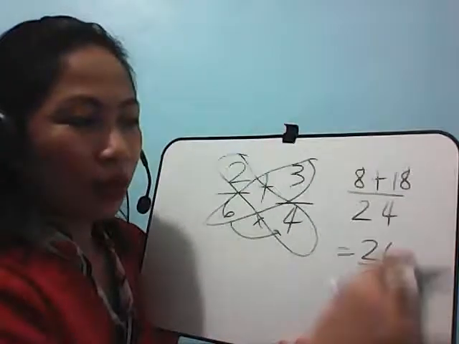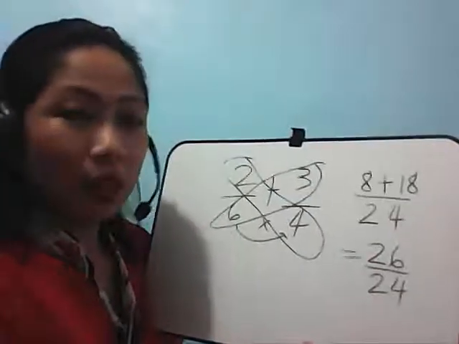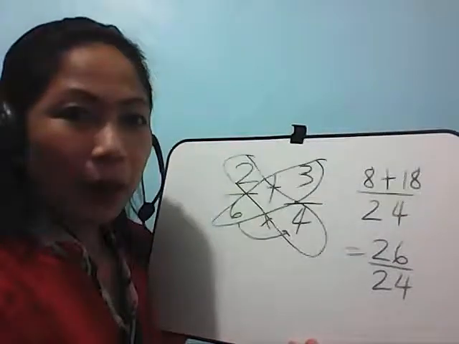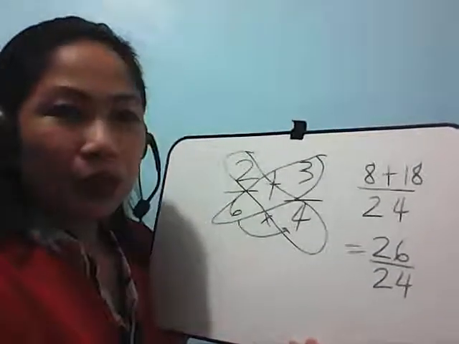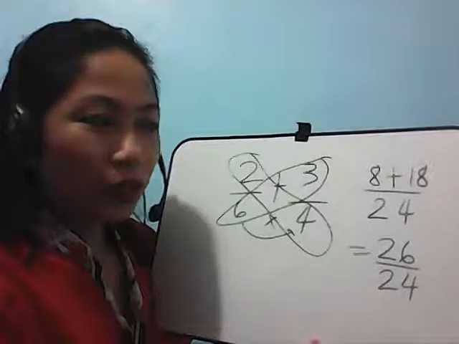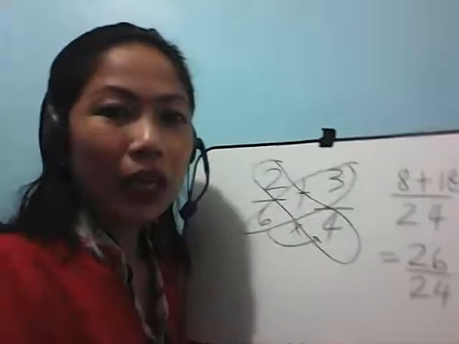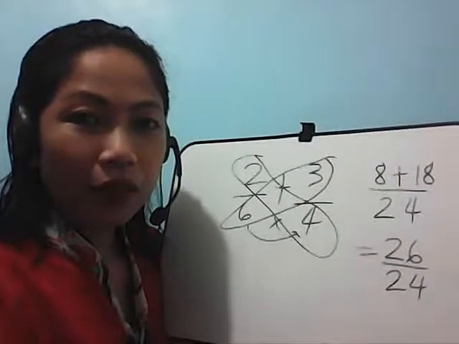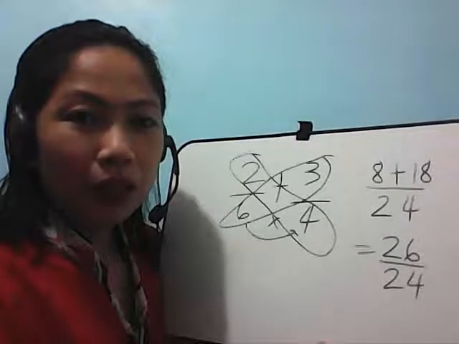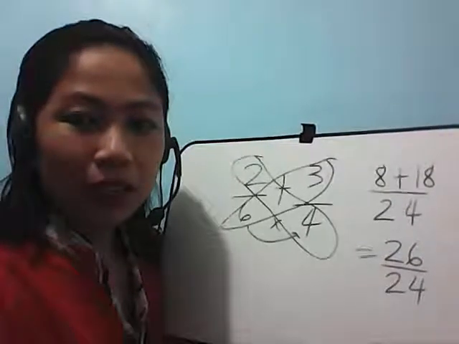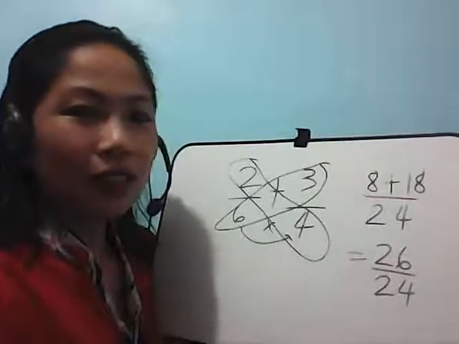Since this fraction is an improper fraction again, we need to reduce it to lowest terms, because they have a GCF, the greatest common factor.